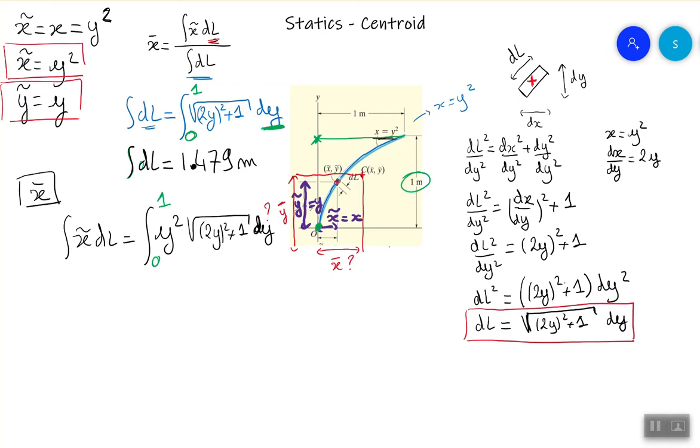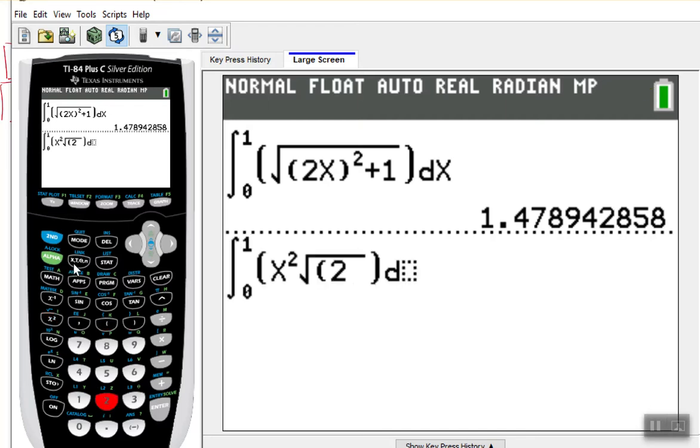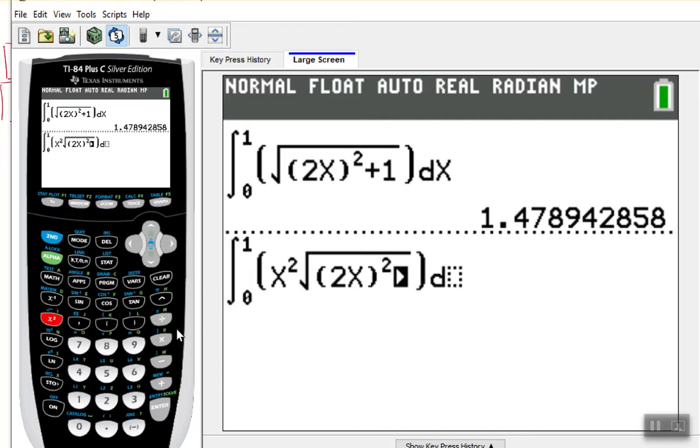So let's plug that into our calculator. I hope I didn't close it. Here we go. Math, integral, limits 0 to 1, that's the limit of y. x square, that's our y square on paper, multiplied by the square root of, don't forget parentheses, 2x square plus 1.